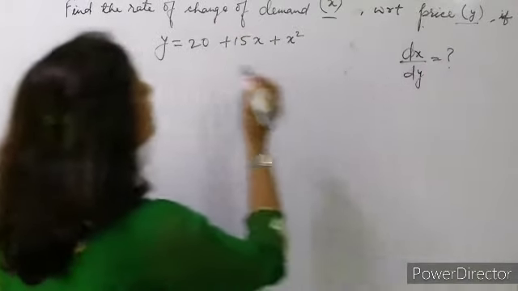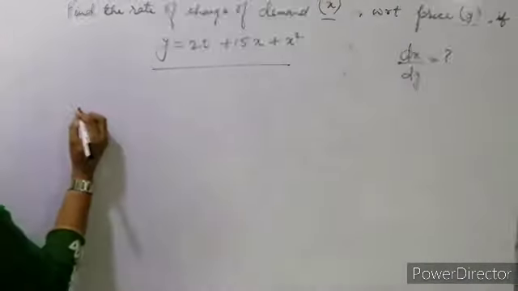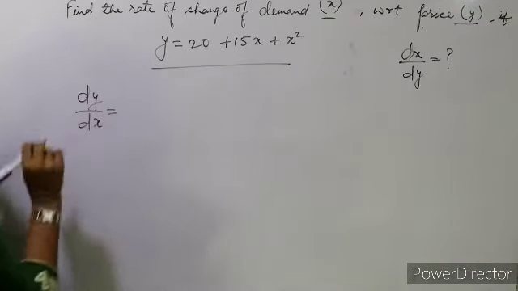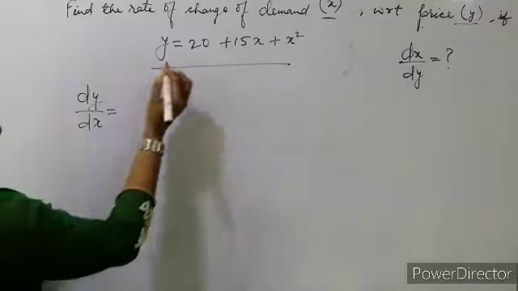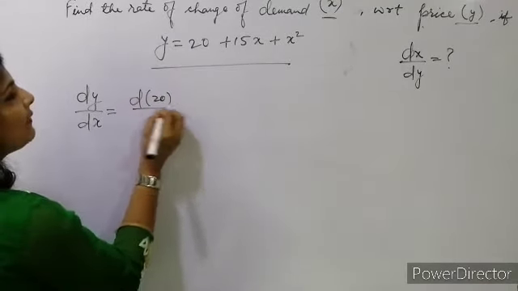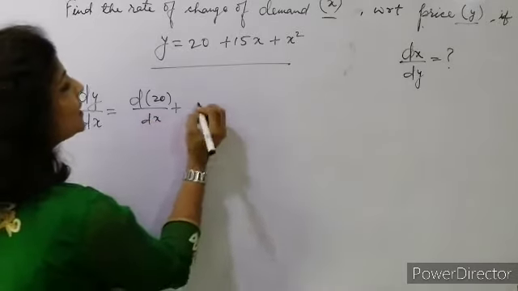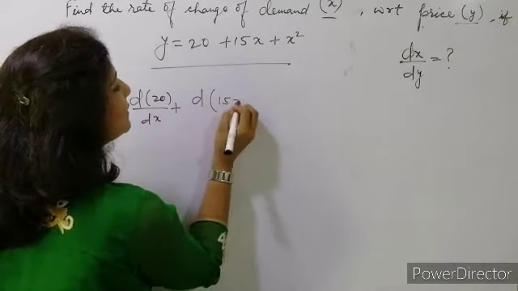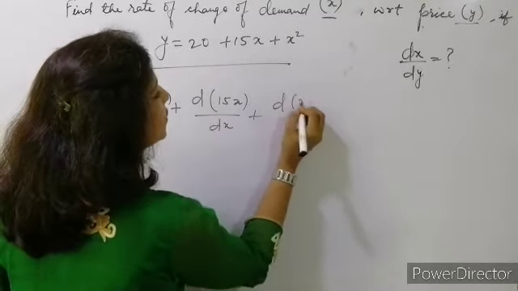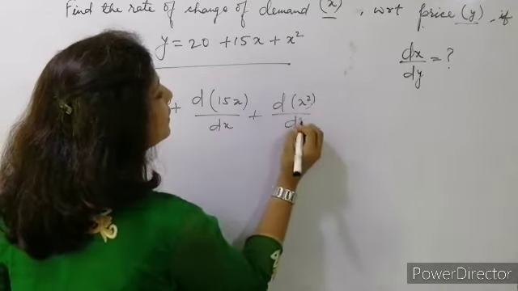Okay, but by this one we can find out dy by dx. So dy by dx will be equal to, since it is in terms of plus, d20 divided by dx plus d15x divided by dx plus dx square divided by dx.